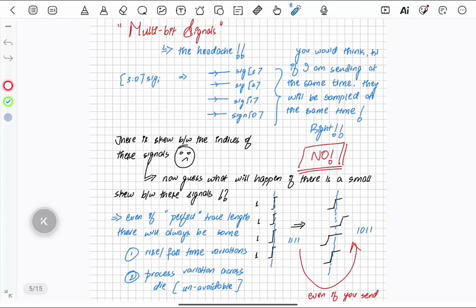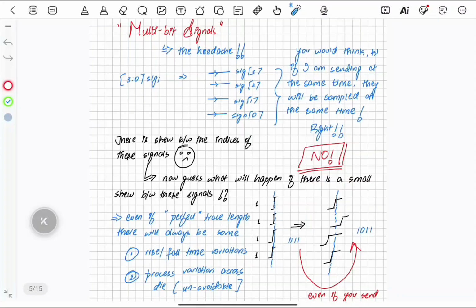So you send the data, and the indices are sent together. Here you can see it is sent together. But the sampling, in this diagram, might be a little different. You're sending 1, 1, 1, 1, but because there is a skew out here, you can observe these positive and negative skews. Because of this skew, the signal you receive might be a little different.